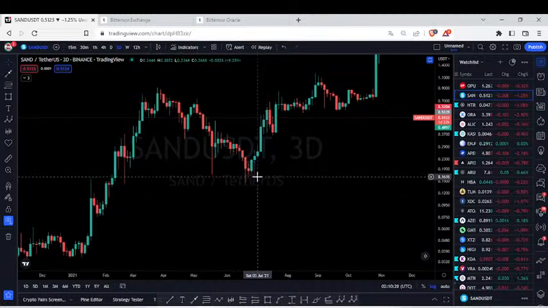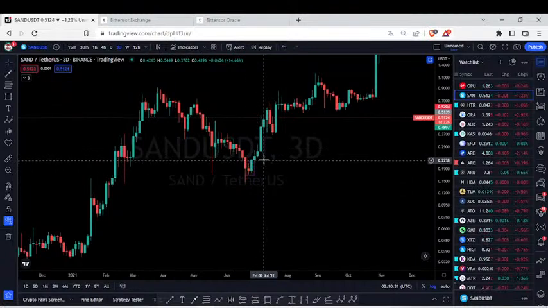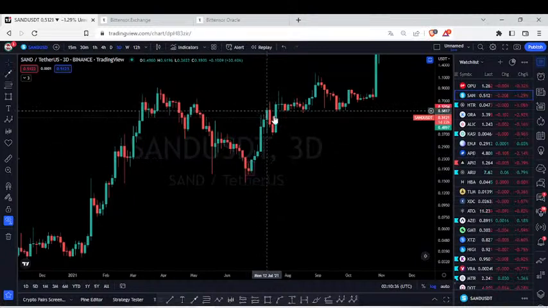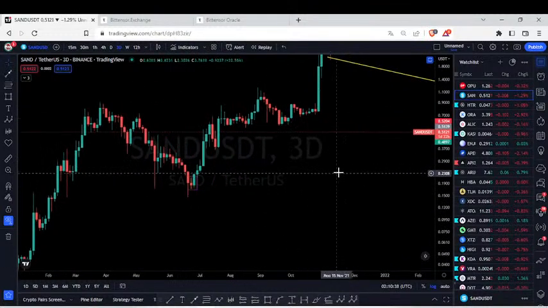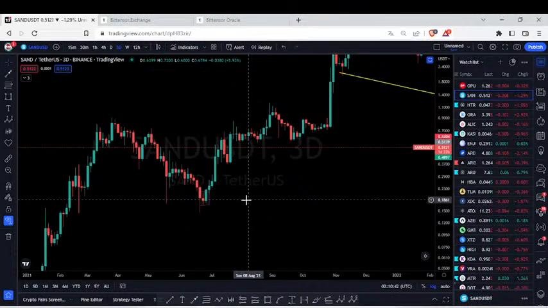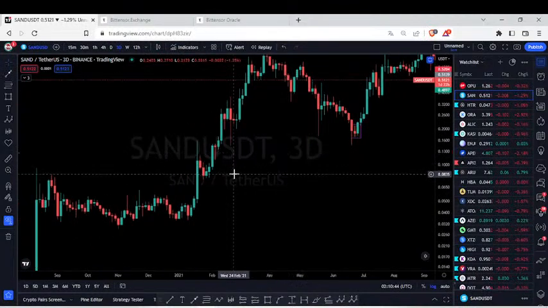You will get a wick, and the next candle is going to be bullish engulfing on the 3-day. Once you see this, it's on. Okay, it's definitely on, and it's a reversal pattern, and you can just simply buy and hold.